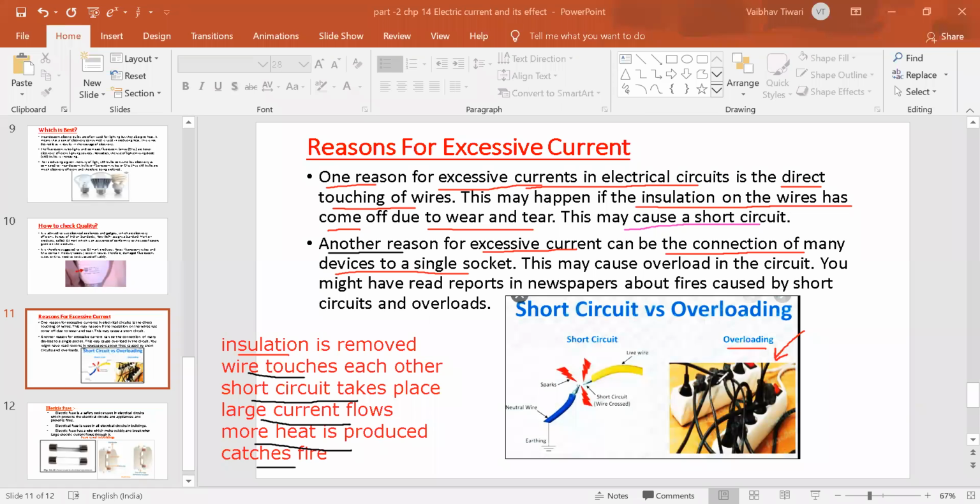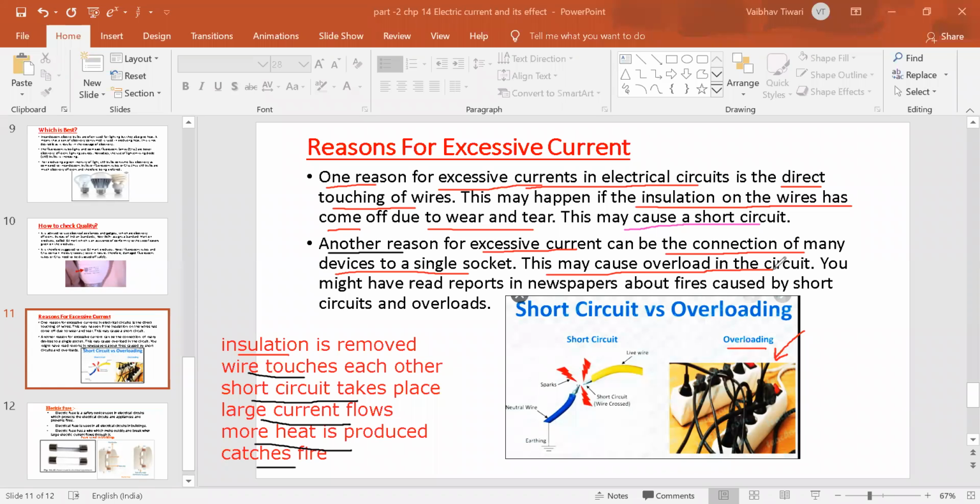So even at your home, if you are using a single socket to connect a lot of appliances, then you should avoid that. Why? Because this may cause overload in the circuit.